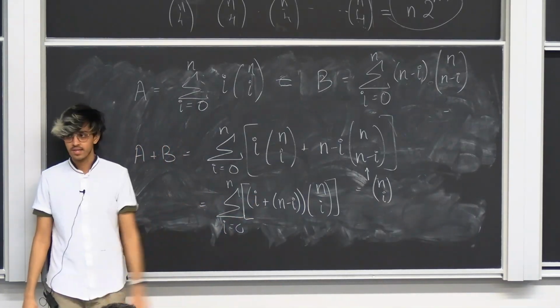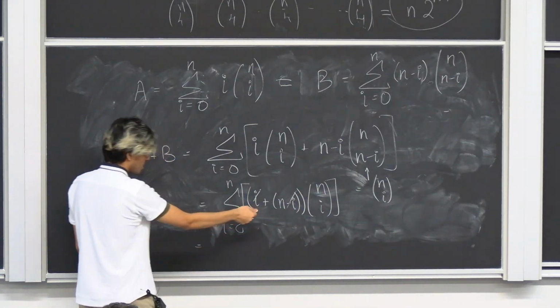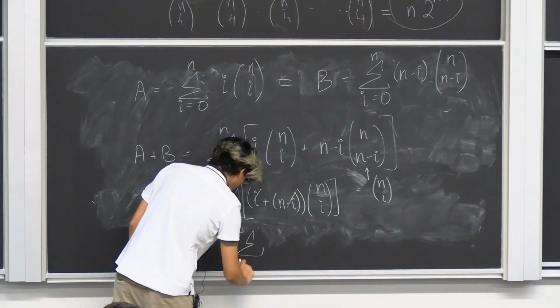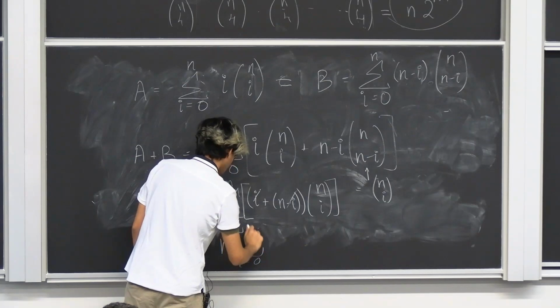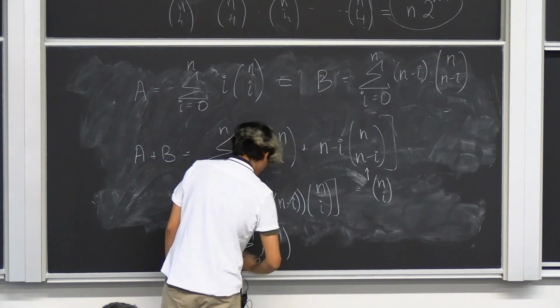Okay, i plus n minus i is just n. N is a constant, you can take it out. N times the summation i equals 0 to n of n choose i.